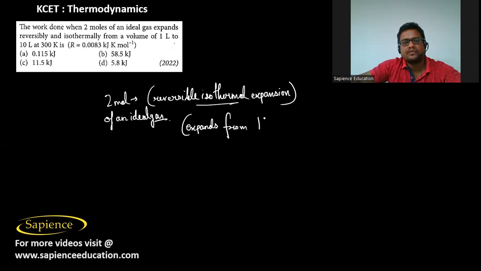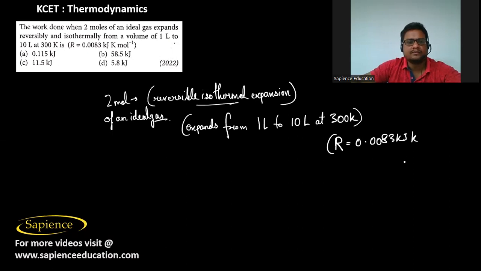It expands from a volume of 1 liter to a volume of 10 liters at 300 Kelvin, and here the value of R is equal to 0.0083 kilojoule per Kelvin per mole.